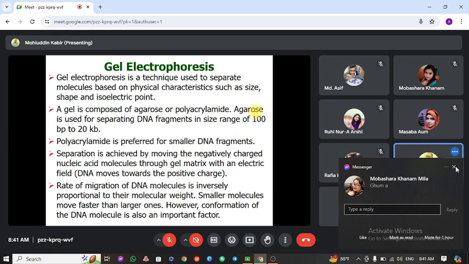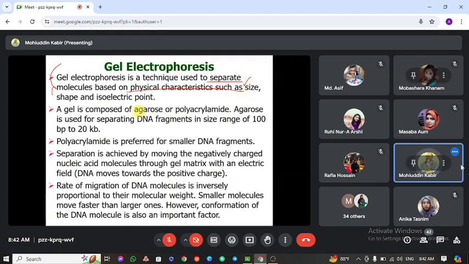Electrophoresis is a technique to separate molecules. Those molecules could be protein, could be DNA, based on physical characteristics such as size, shape, and isoelectric point. Based on those physical characteristics, we can separate proteins and DNA through gel electrophoresis.